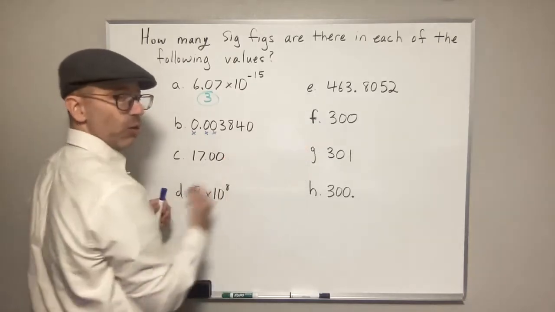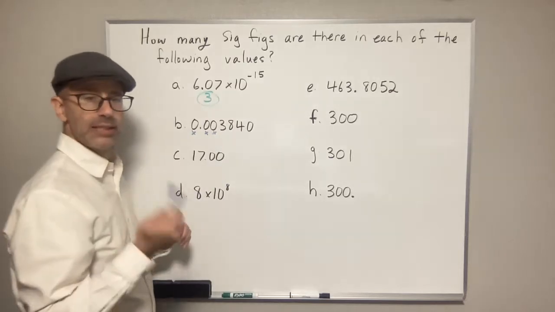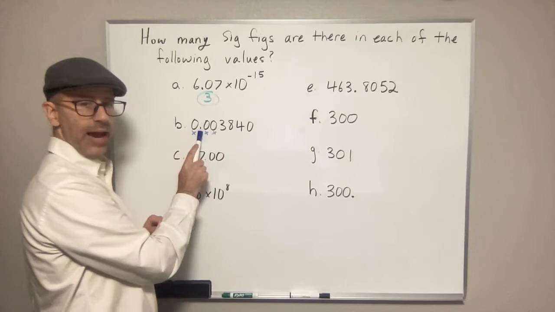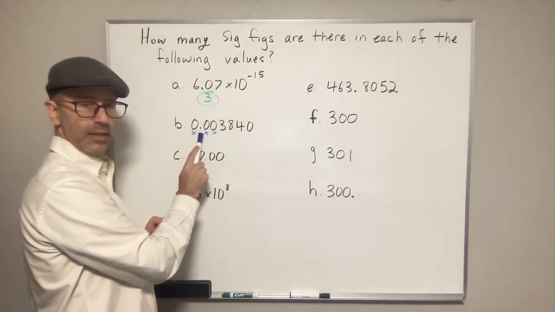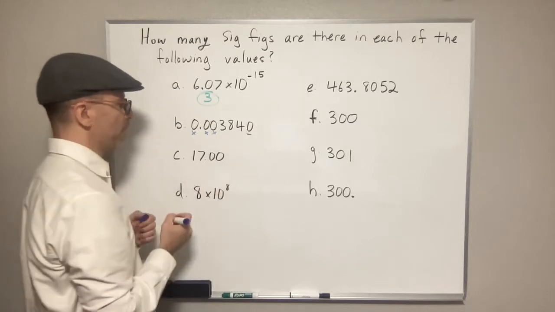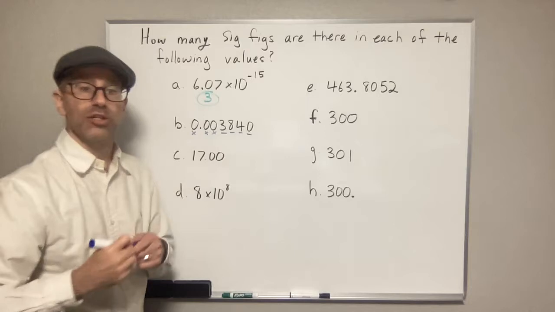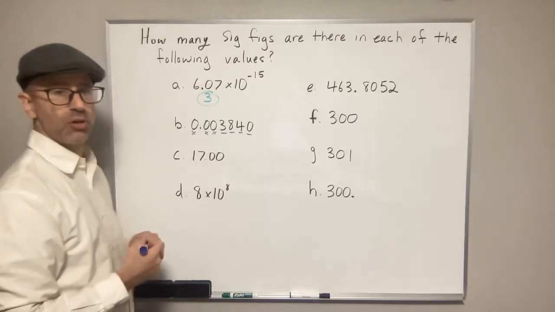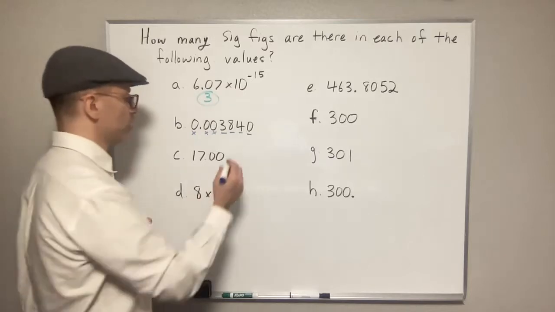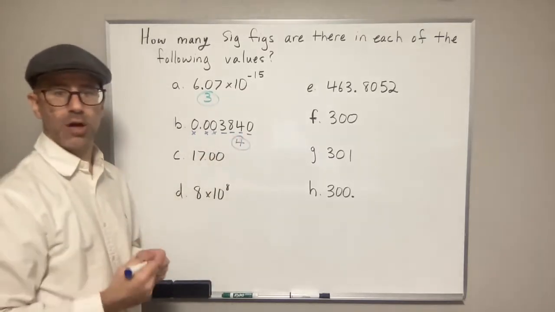So the 0 all the way to the end of your number, this 0 right here, is only significant if there's a decimal point. Do we have a decimal point? Yeah, it's right there. So that means that this is significant. So we're going to count that. And then we have these 3 non-zero numbers. So those are significant. So the total number of sig figs for this value is 4.